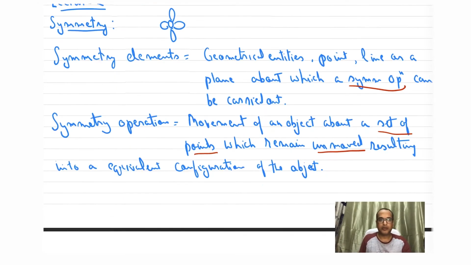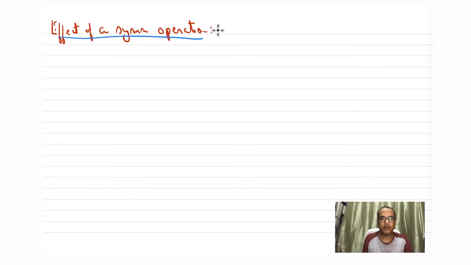Okay, so let's look at some more examples. Let's see what is the effect of a symmetry operation. What is the effect? You can probably think about it now.